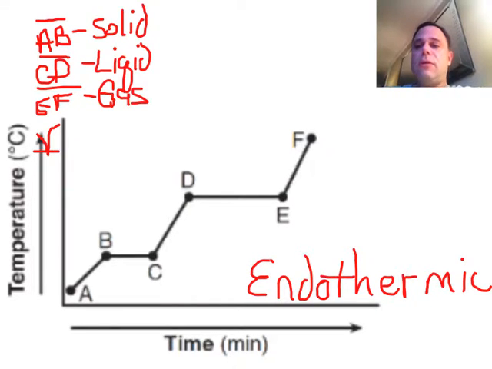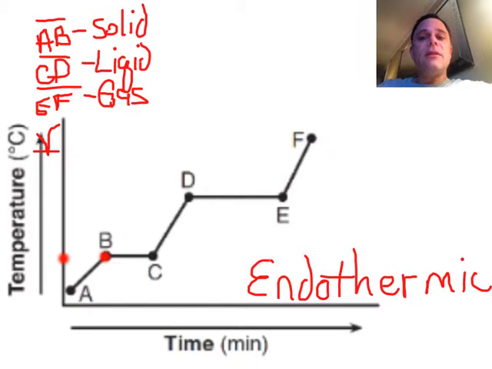So, to take a look at what's happening here, we notice that as we go up the slope, we are also going up the temperature scale. So this is, I'm sorry, I said a gas. This is a solid.